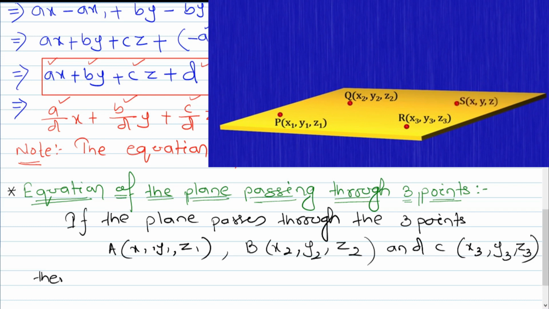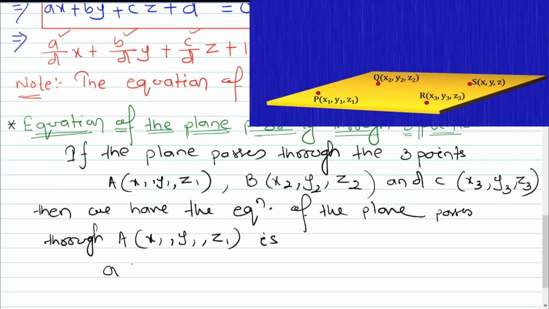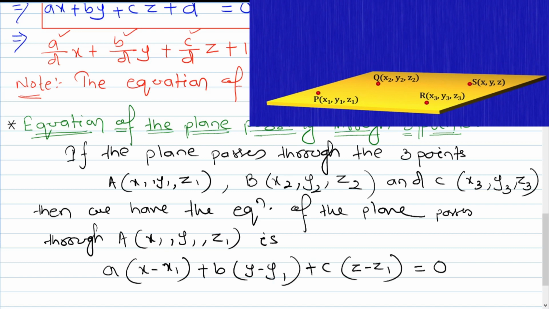Then the equation of the plane passing through A having the coordinate x1, y1, z1 is, as we have already found, A into x minus x1 plus B into y minus y1 plus C into z minus z1 is equal to 0. This is equation number 1.